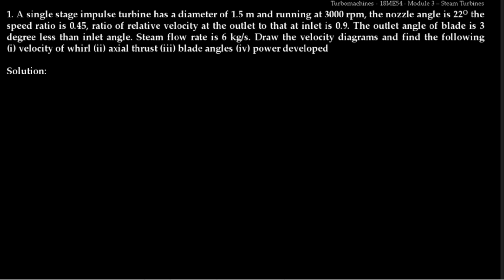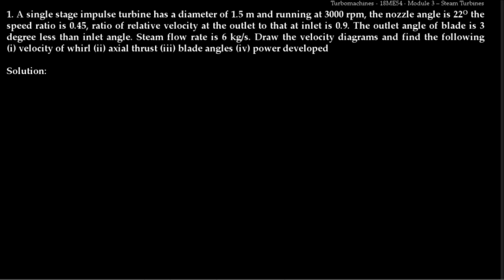The first problem states that a single stage impulse turbine has a diameter of 1.5 meter and running at 3000 rpm. The nozzle angle is 22 degree. The speed ratio is 0.45. Ratio of relative velocity at the outlet to that at inlet is 0.9.